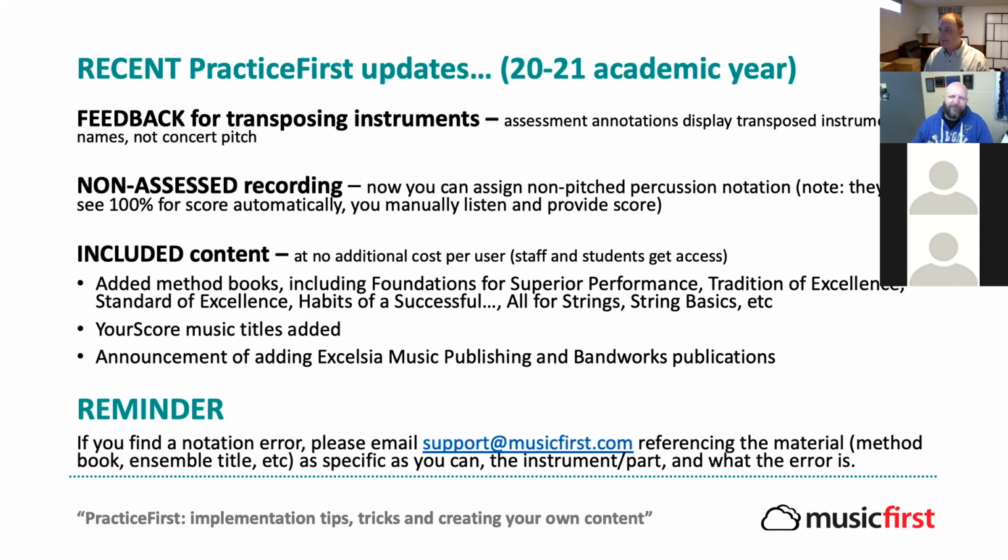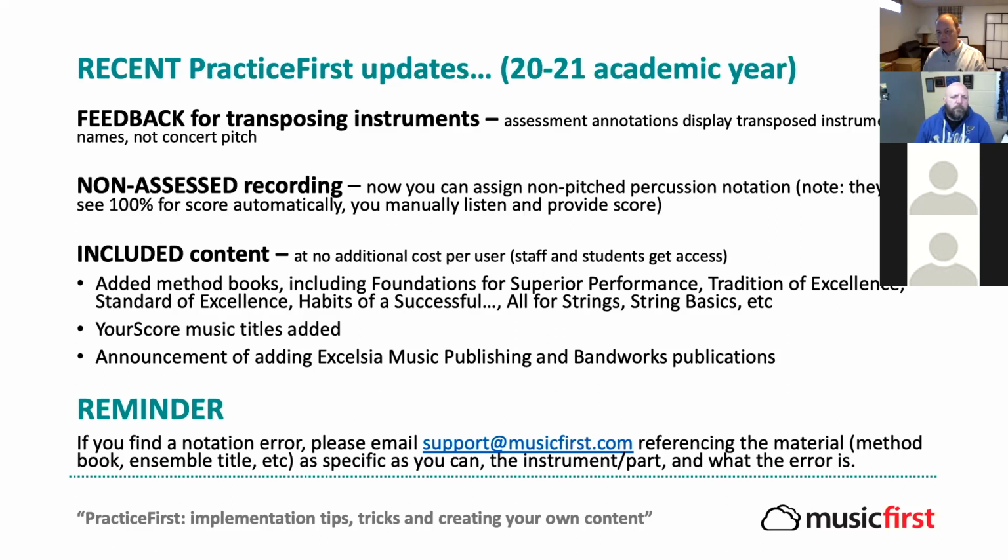And finally, there is just a reminder every once in a while, hey, we're human. There are some times that notation errors come into play where you might say, whoa, this isn't exactly what the original notation file should be. You got an error. That's fine, and we appreciate hearing from you.